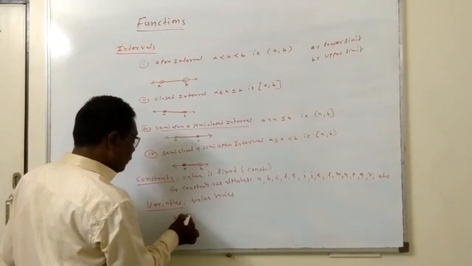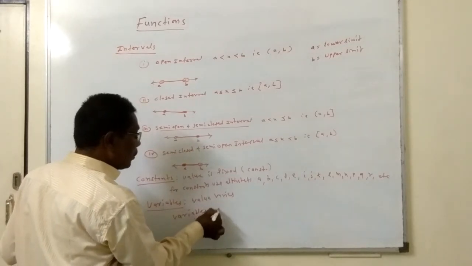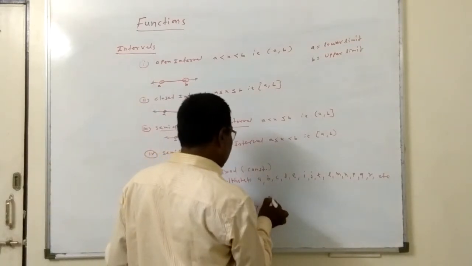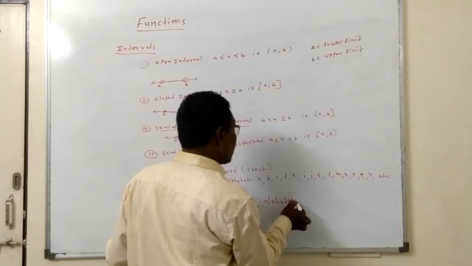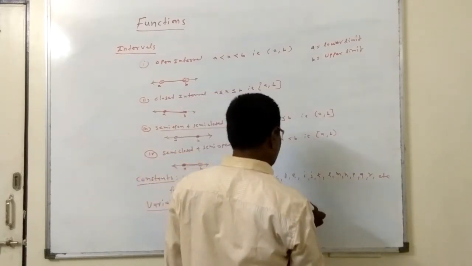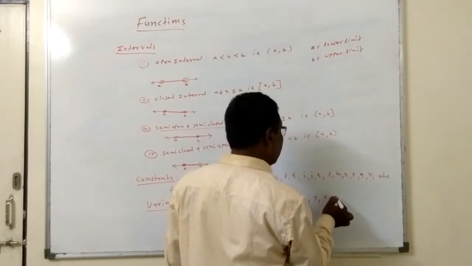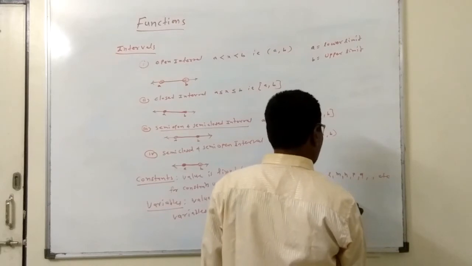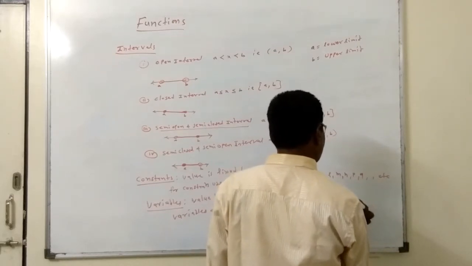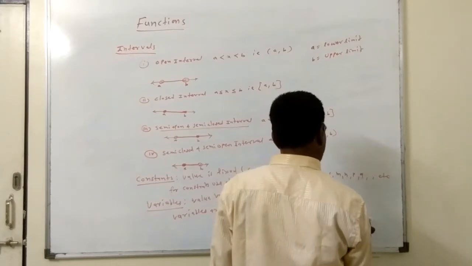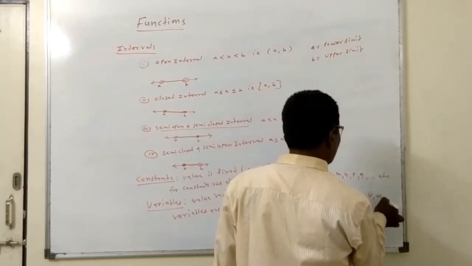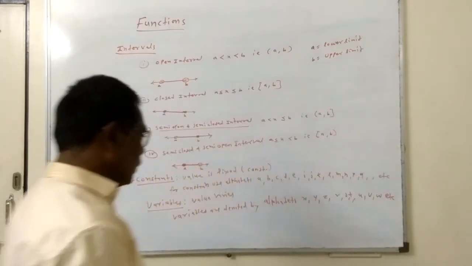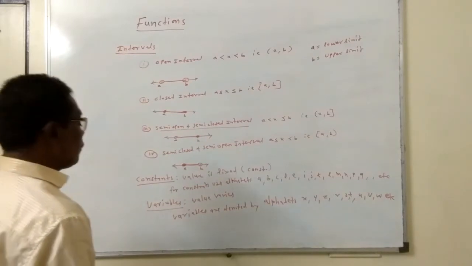Variables are denoted by alphabets such as x, y, z, and also r, s, t, u, v, w, etc. Mostly we use these alphabets to indicate variables.